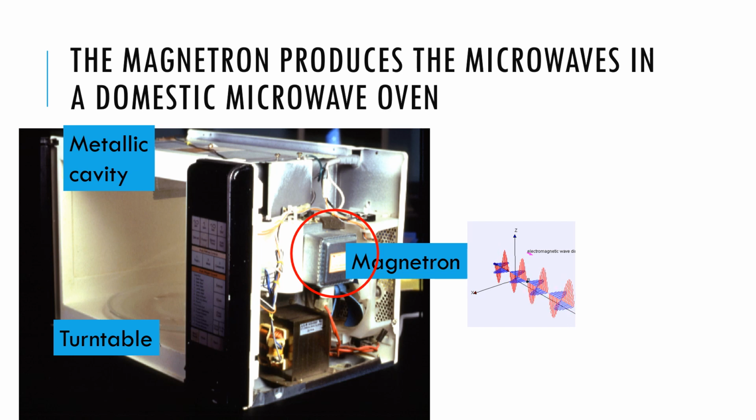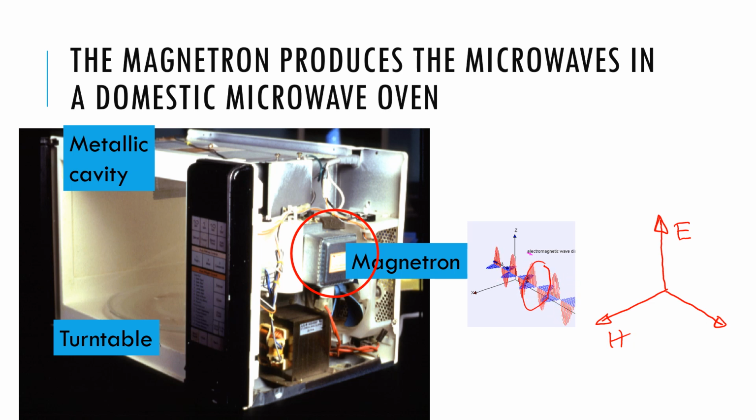Very quick introduction to the microwave oven, and we already talked about what an electromagnetic wave is. In this case you see the red part and the blue part. The electromagnetic wave has the electric field and the magnetic field, and it travels in the third direction.